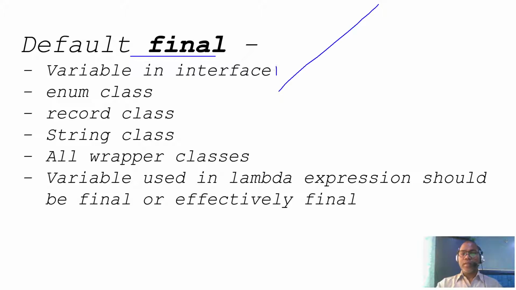Any variable inside an interface is assumed final. Enum classes, record classes, String classes, and all wrapper classes are final by default. You cannot make any subclass. And any variable defined outside the lambda expression that you use inside it is assumed to be final or effectively final.